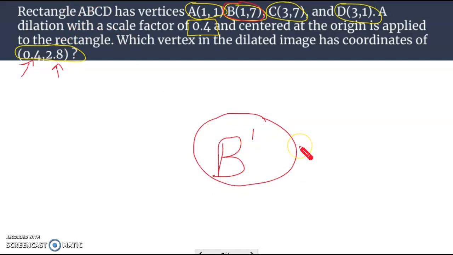When you take 7 times 0.4, you get 2.8. So for this problem, point B, which turns into the new point B prime, has the coordinates (0.4, 2.8) after the scale factor of 0.4 is applied.